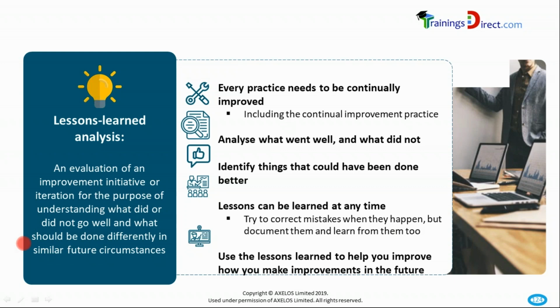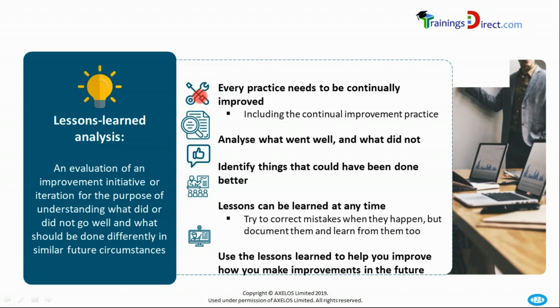While the improvement review was done in step 6, it is in step 7 where the lessons learned analysis is done. So it focuses on evaluation of the overall initiative to understand what went well, what did not go well, and what can be done differently in the future in similar circumstances.